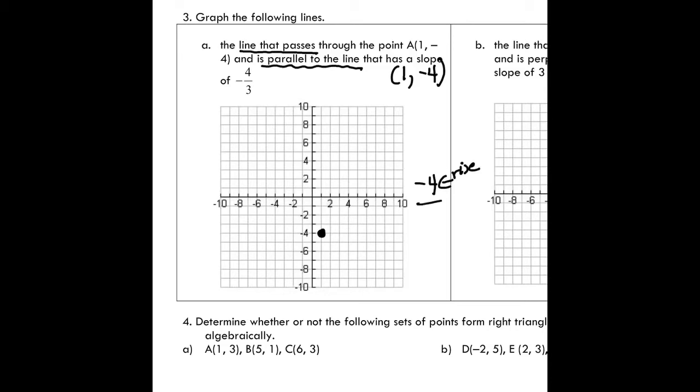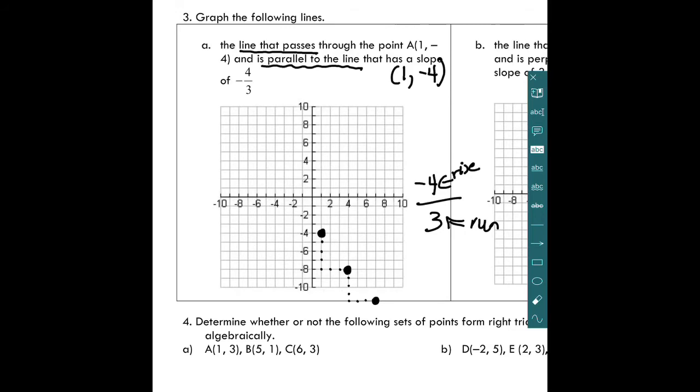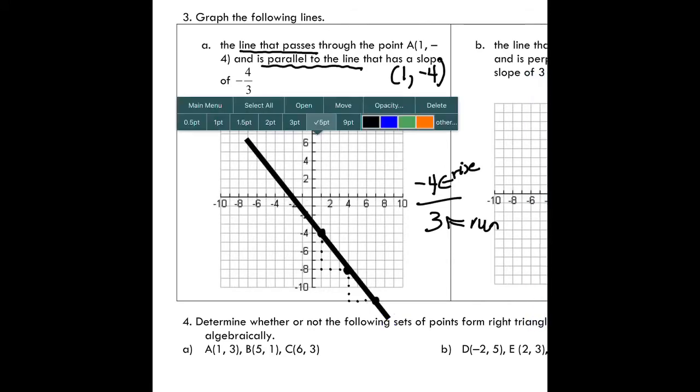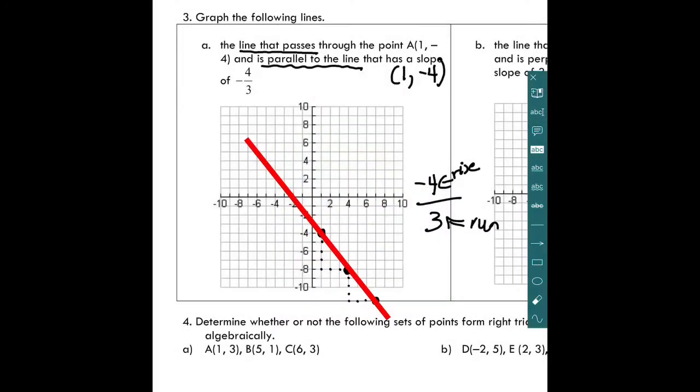My run is 3. So I'm going to go down 4, 1, 2, 3, 4, and over 3. All right, so I've got my points drawn there. I can draw a line to connect them. I'm just going to change the color there and draw an arrow at either end. And I have the line that I was supposed to draw.